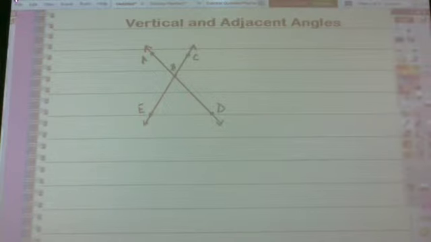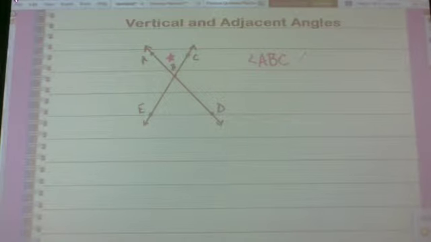So for example, if I look at this angle here, angle ABC, I would say it is vertical to the angle that is opposite of it.